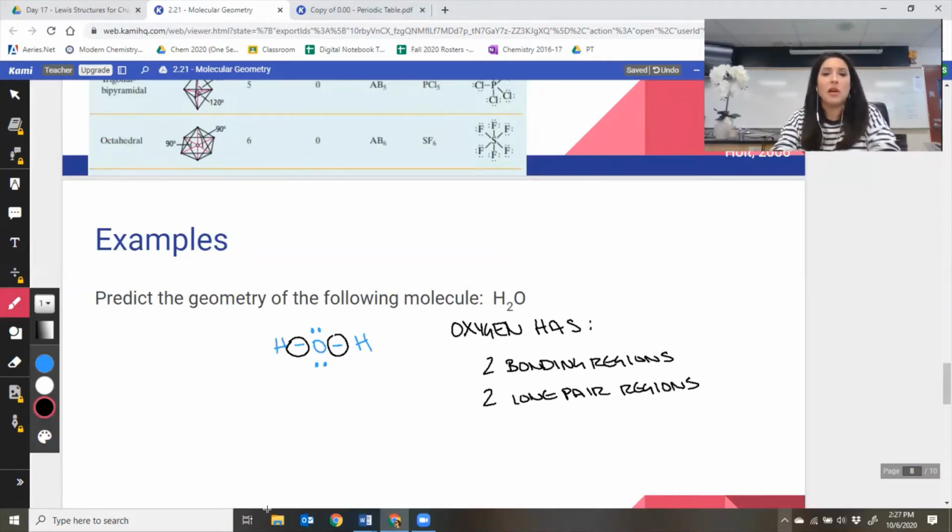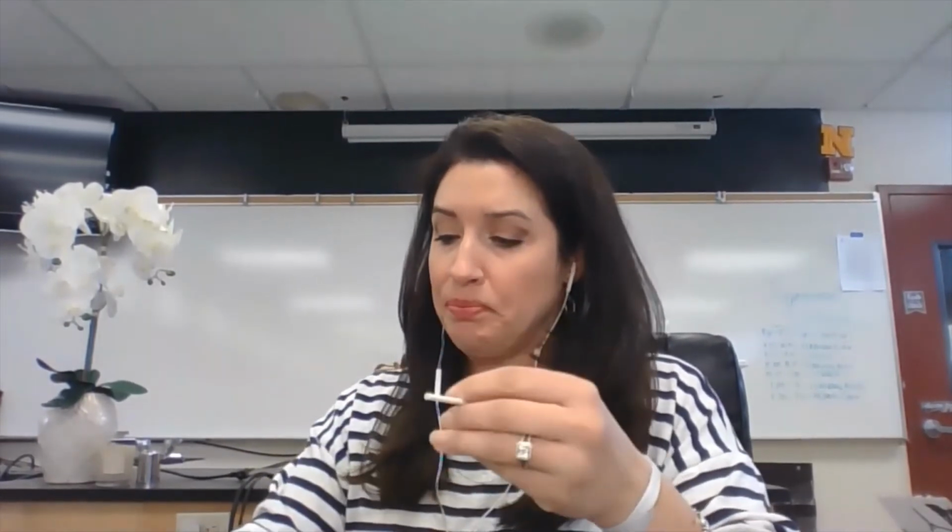So I want to stop sharing for a second and show you what this looks like in 3 dimensions. So let's say I have this water molecule, and this little piece of metal is going to represent my central atom. I'm going to put a couple of hydrogens on it. We'll use blue.